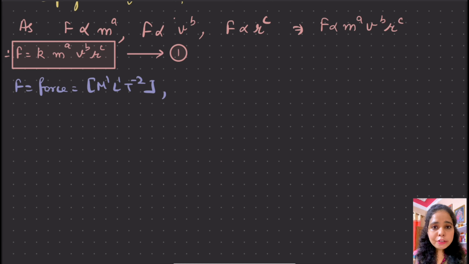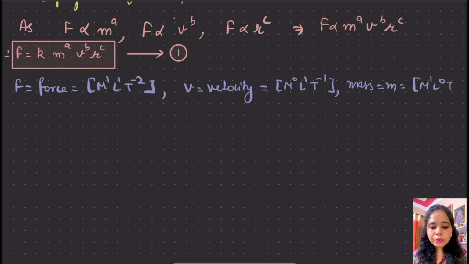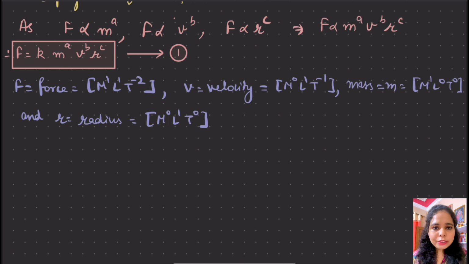Then dimensional formula for velocity is M0 L1 T minus 1, and dimensional formula for radius, which represents length actually, is M0 L1 T0. And we are left with the dimensional formula of mass. So dimensional formula of mass is M1 L0 T0.